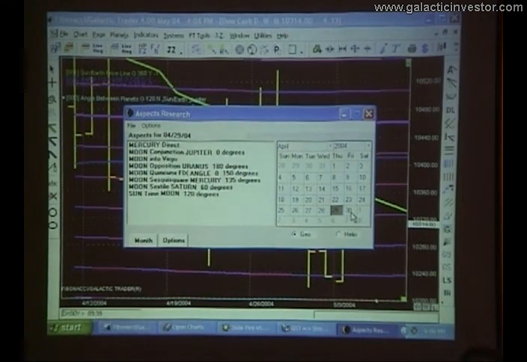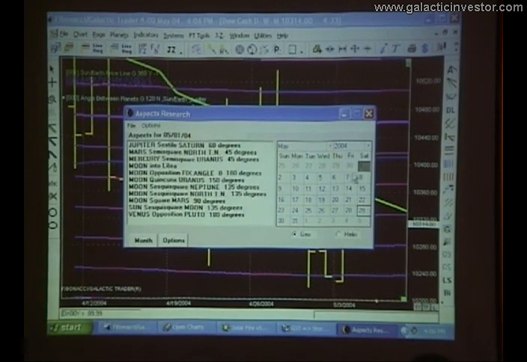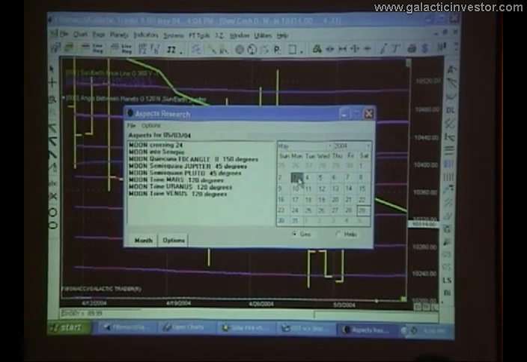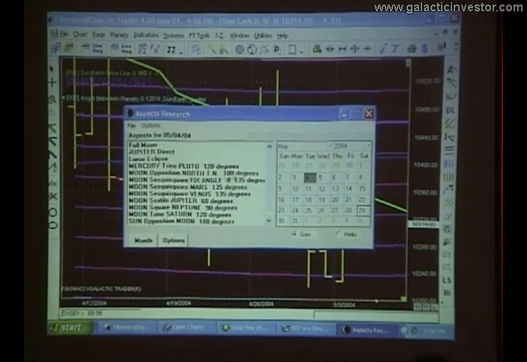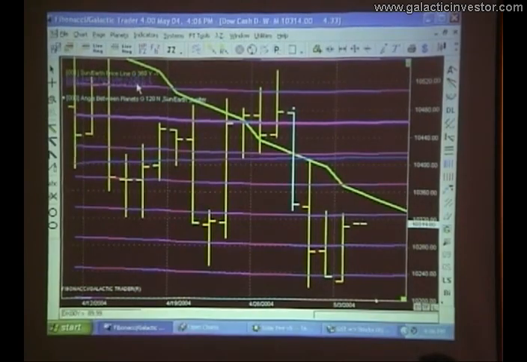Mercury has been trining Pluto within a degree, so it's been pretty close. But if we go to May, here's the Mercury trine Pluto today. It's occurring. So you could adjust your Mercury line to the 120 setting.